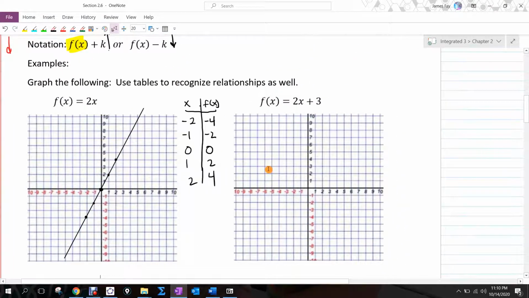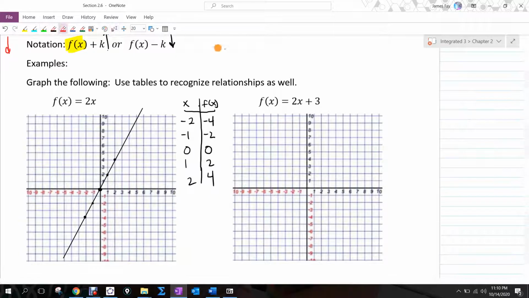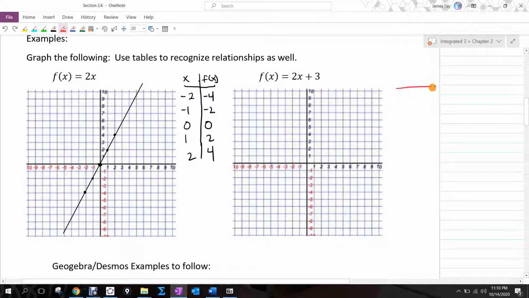Okay, now we come over here to this one where we've got, make another table, x and f of x, and I'm going to use the same x values, -2, -1, 0, 1, and 2. And now if I put -2 in here, I'm going to get -4 plus 3, which equals -1.